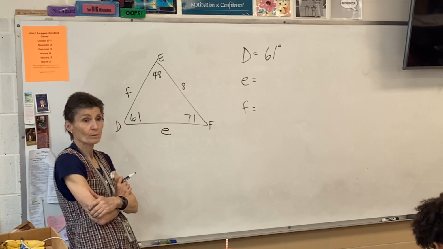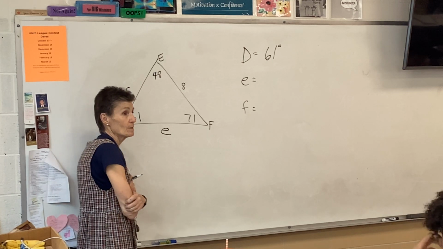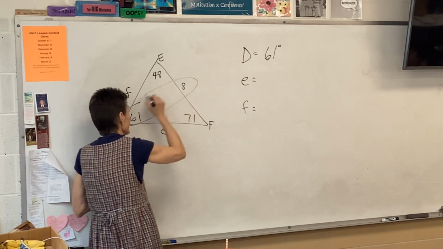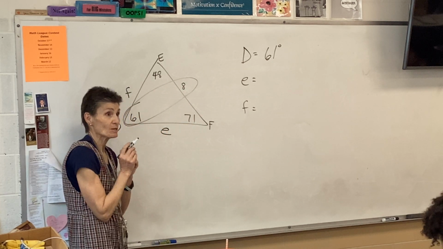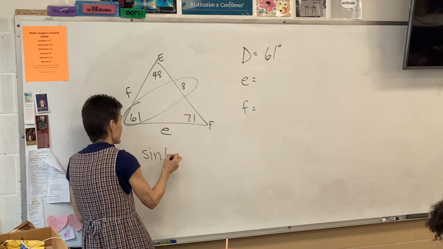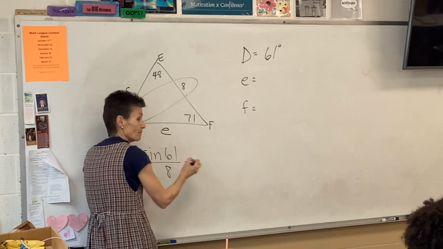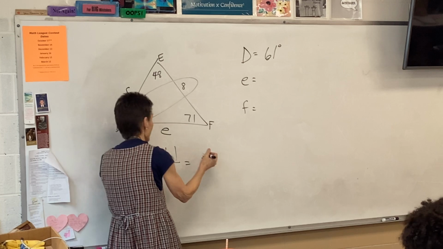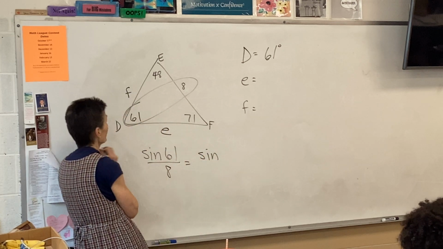Now what? I have all my angles. Now I have to start working on my sides. Do your little beady eyes notice that right there? That's kind of special. Those go together. So sine 61 over 8 equals, now it doesn't matter which one you do, so which one do you want to do?